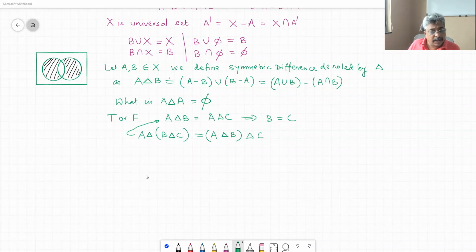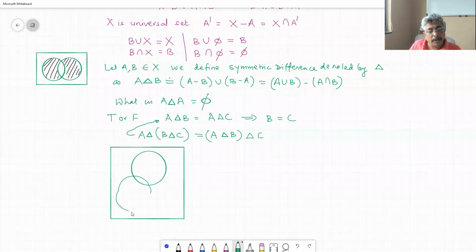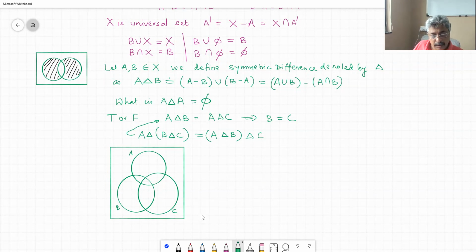Let us try to draw the LHS for this property. A, B, C. So B delta C is, okay.